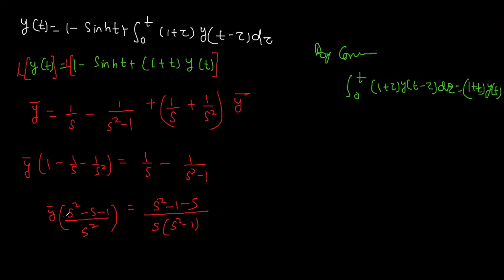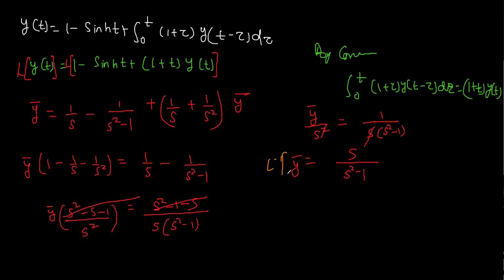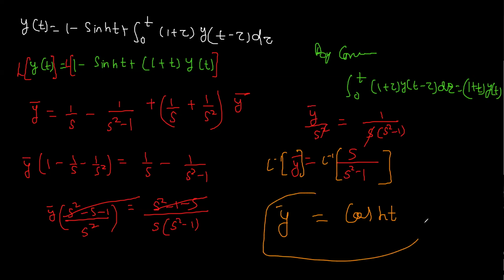So you can see one thing, this part and this part is cancelled out. One is cancelled. This is very simple, right? When you take Laplace inverse, this is what? Cos hyperbolic t. Understood?